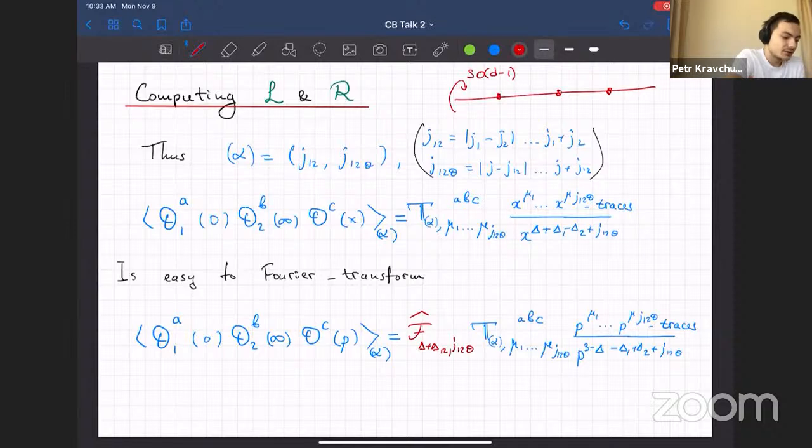And if you specify the value of the 3-point function which is invariant under this group, then there's a unique way to define the value of this 3-point function in any other configuration that's going to be conformally invariant. If the value of the 3-point function is not invariant under this SO(d-1), then obviously there is no way to specify a conformally invariant 3-point function, because a conformally invariant 3-point function should also be invariant under this subgroup.